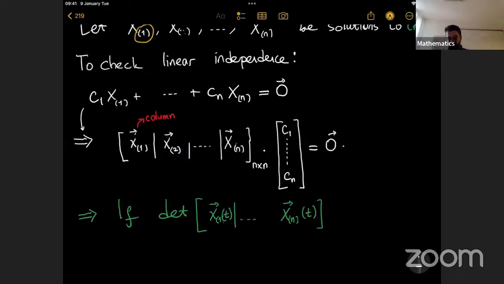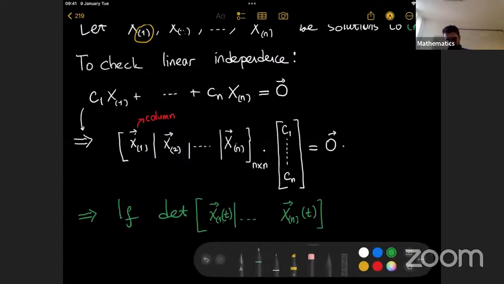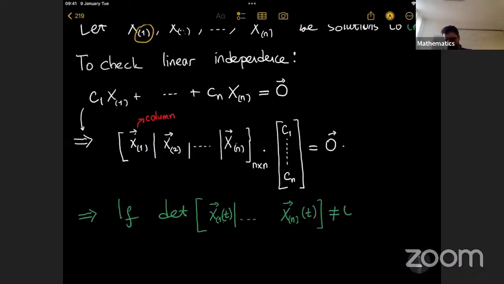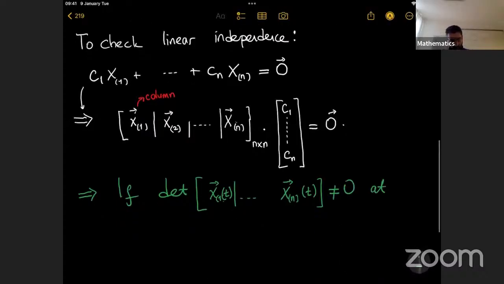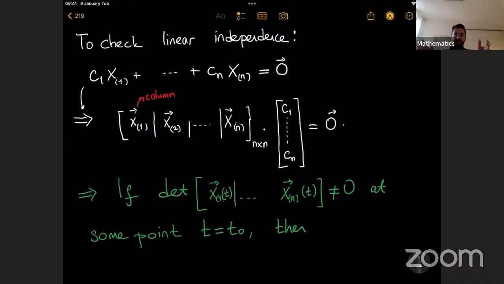Okay, so if this determinant is not equal to 0 at some point t equal to t naught, then what? Then the matrix has an inverse.